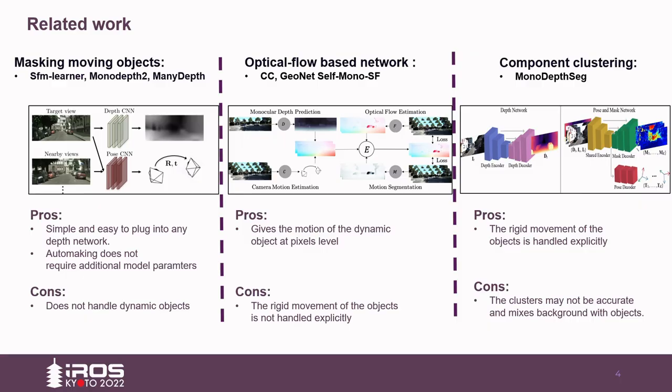Second, optical flow-based networks use optical flow to address the motion, however, they do not explicitly model the rigid movement of the objects. We have also other methods that use component clustering, and these methods cluster the scene into components and predict the motion of these components.